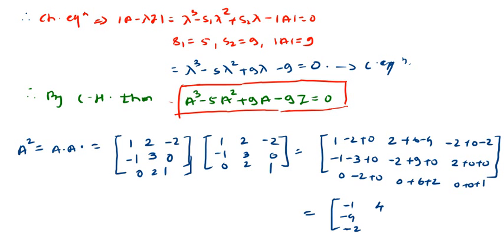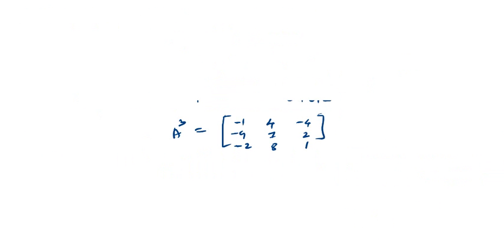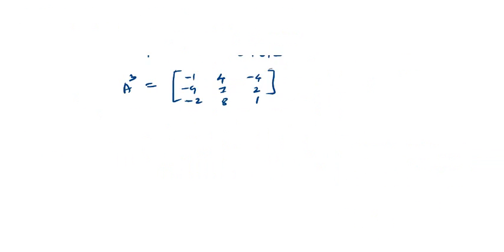This will be 9 minus 2 is 7, then this will be 8, then minus 4, then this will be 2, and this is 1. So we got this matrix.